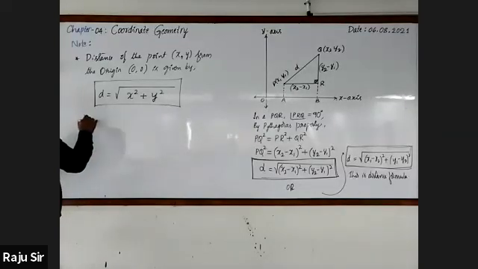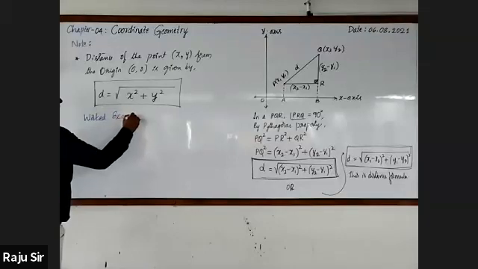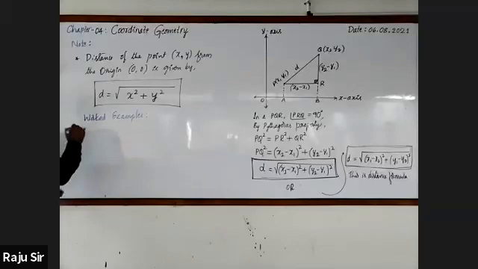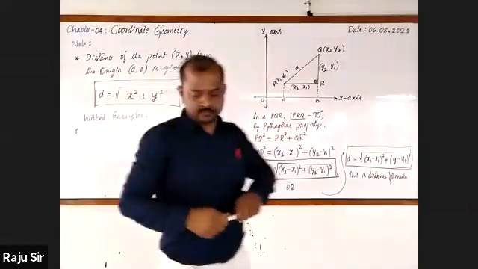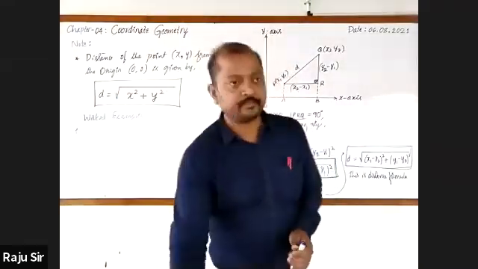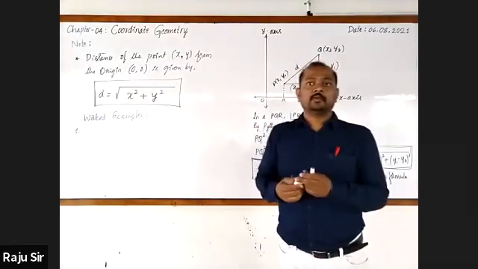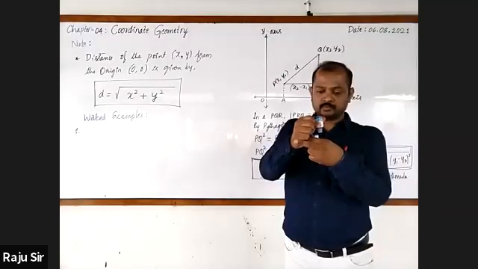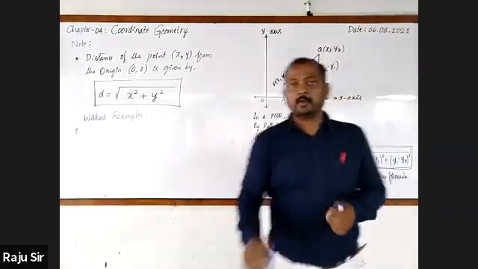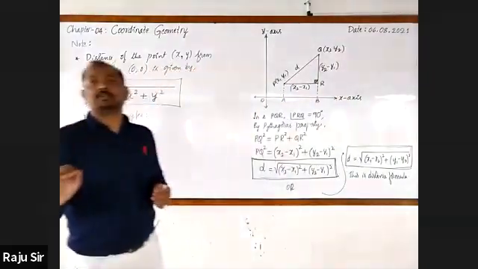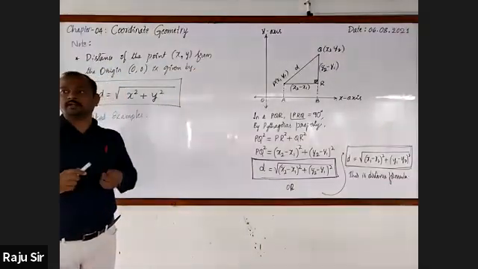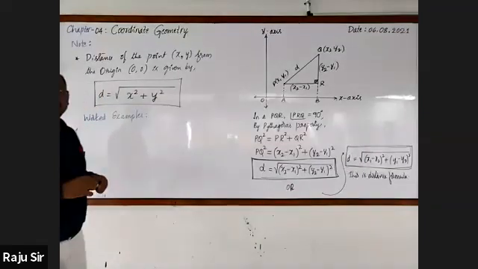Now let's move on to some simple examples. What examples? First one. Now I'm going to take simple examples in which all the abscissas and ordinates are positive only.